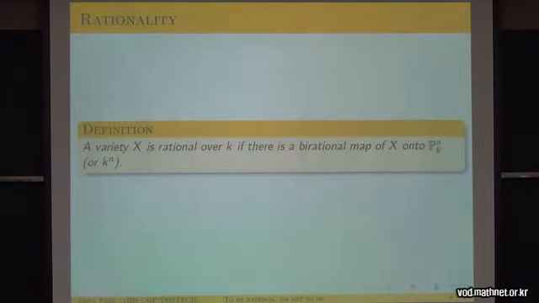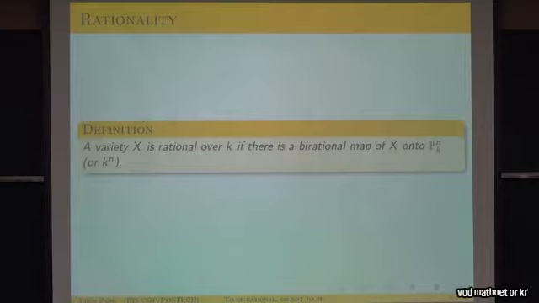All right. And when we define the rational varieties, the definition is just simple. X is rational over K. I said over K because it depends on the defining field. X is rational if there is a birational map of X onto Pn. The projective space Pn is the simplest variety we know, right?